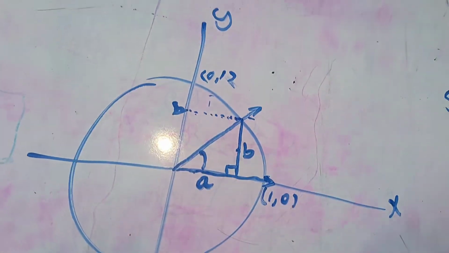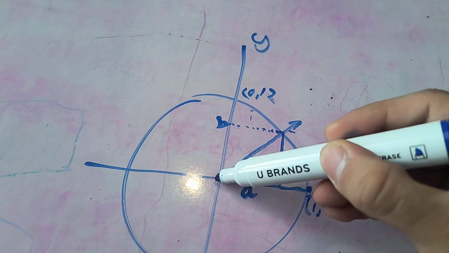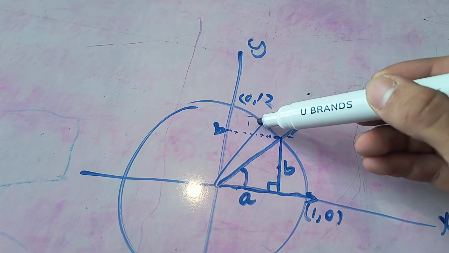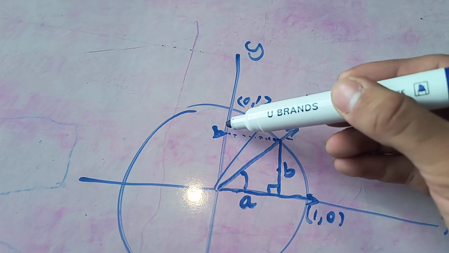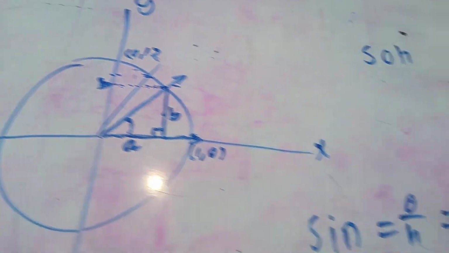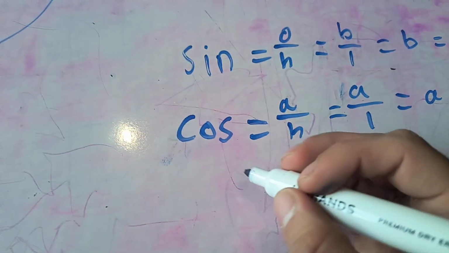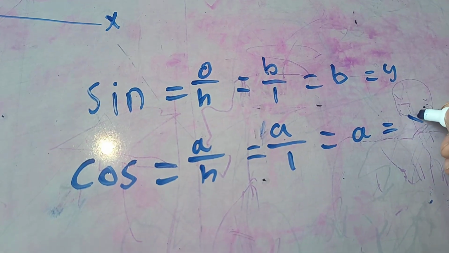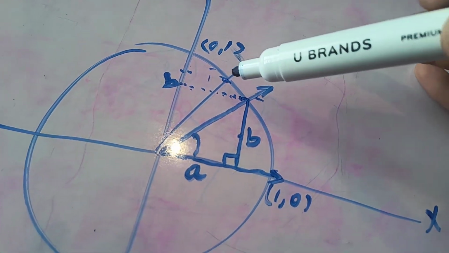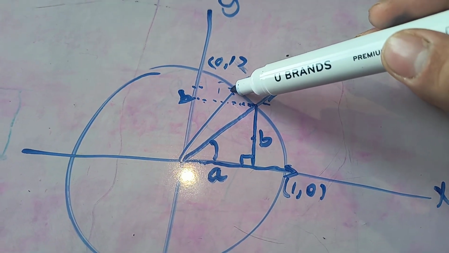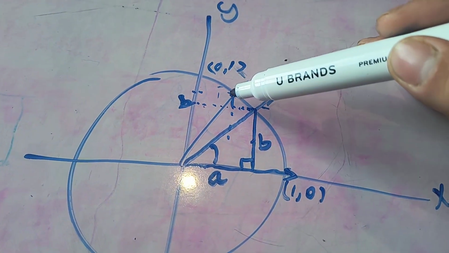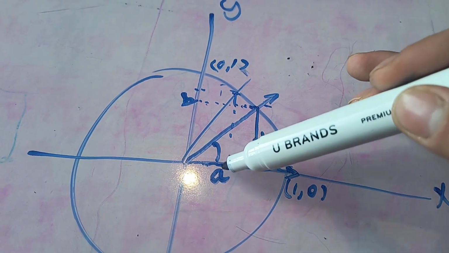If it intersects right here, it'd be equal to this x right there.